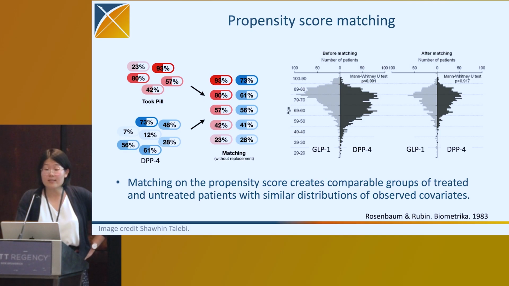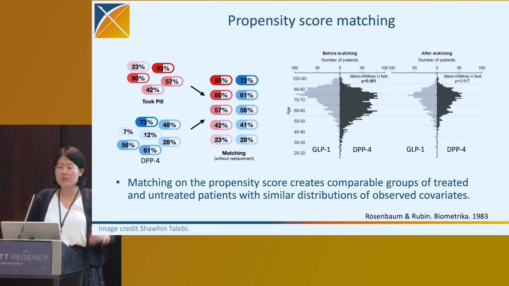So remember, the purpose of doing this is to control for confounding. And what that means is that we know that some patient characteristics have distributions that are different between the target and the comparator population.